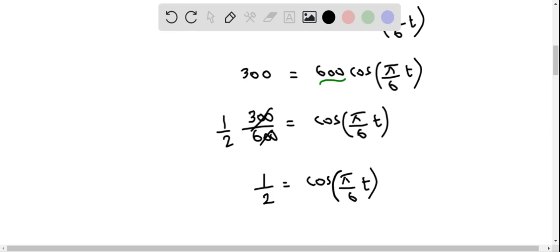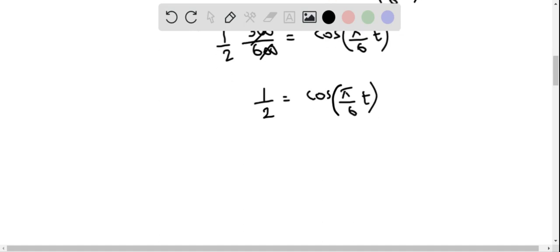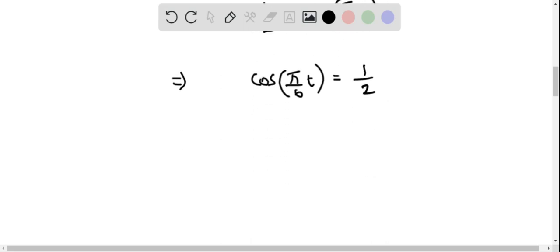So it's basically a trigonometric equation, that is cosine pi by 6t equal to half. So we have to determine the values of t such that cosine of pi by 6 times t equals half.